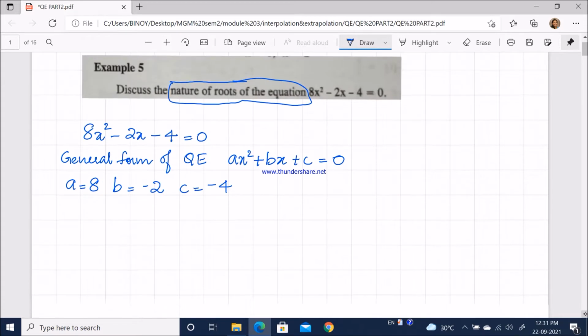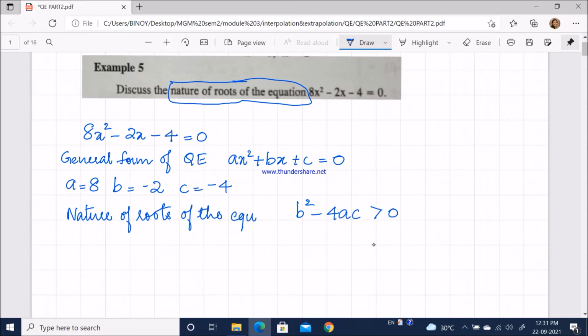So in order to find the nature of the roots of the equation, we need to find what is b square minus 4ac and see whether it is greater than 0 or equal to 0 or less than 0.